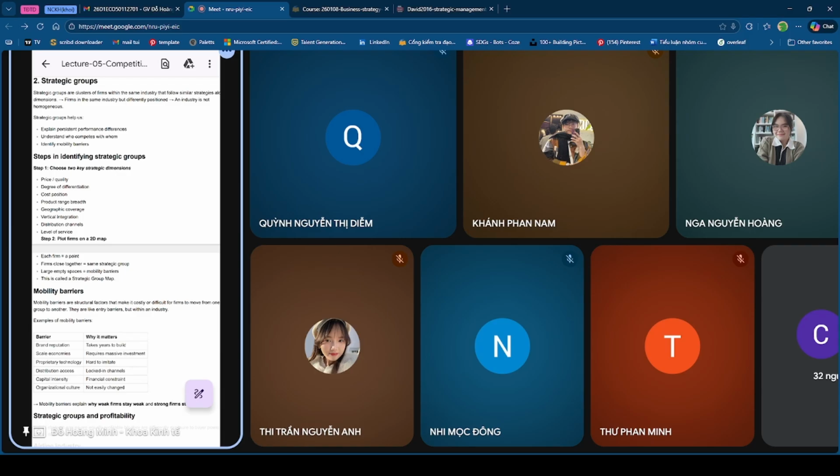And the next dimension is the service. You can only provide the customer with your product without any service, or you want to increase the value of your offering.